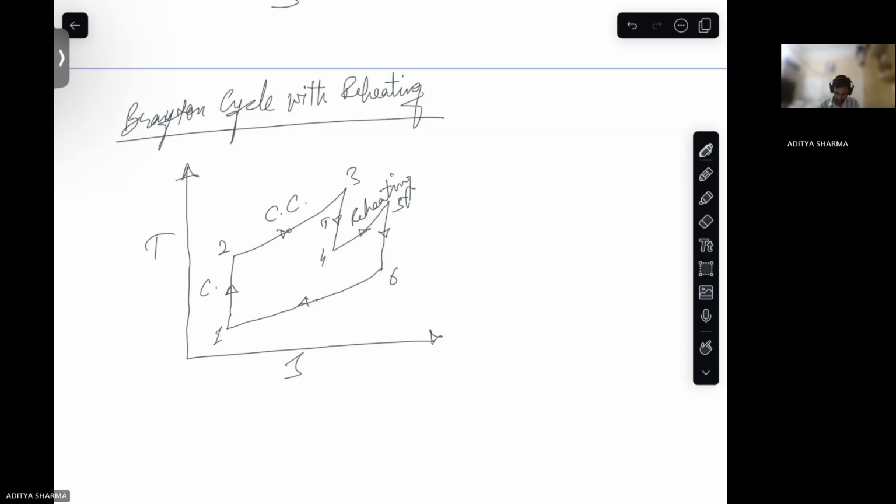This is again expansion through turbines. So this is Brayton cycle with reheating. Then you have Brayton cycle with intercooler.